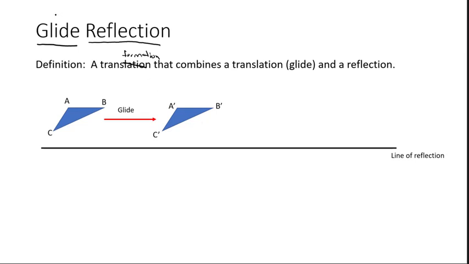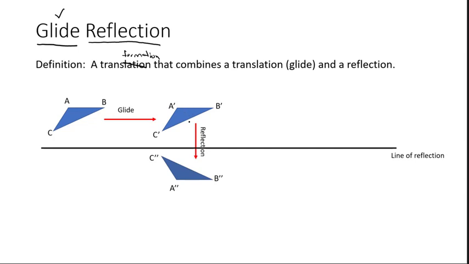So we have done the glide, or the translation. Now we need to do the reflection. We can reflect each of these points, A prime, B prime, and C prime, as we've learned in the previous lesson. We can reflect each of these points down across to get this triangle down here. All right, so this would be a glide reflection.